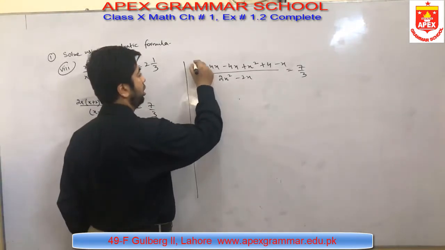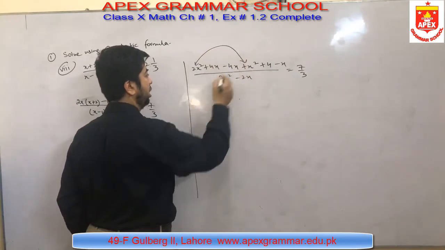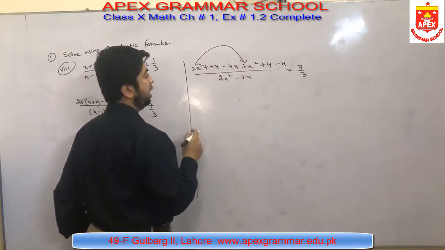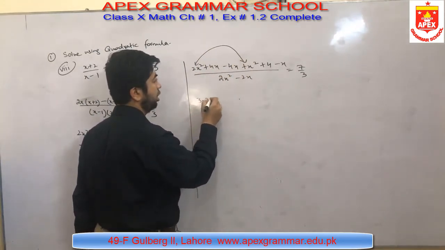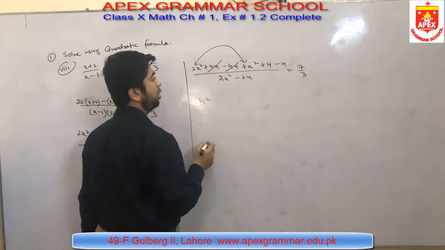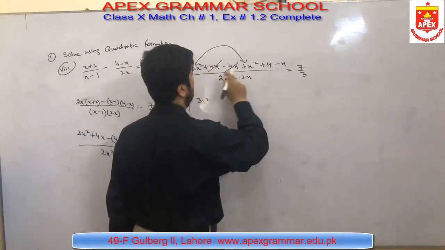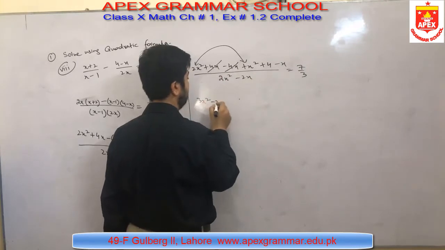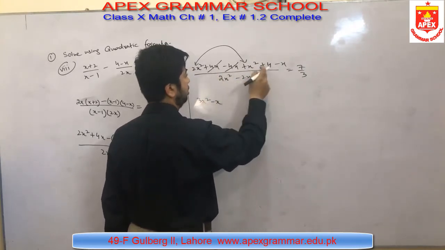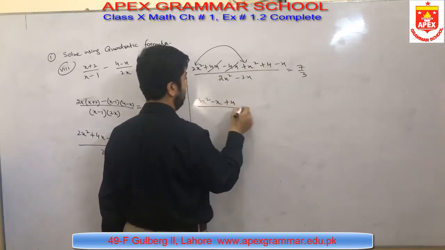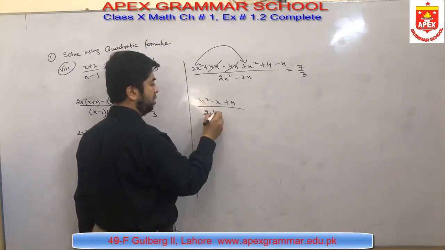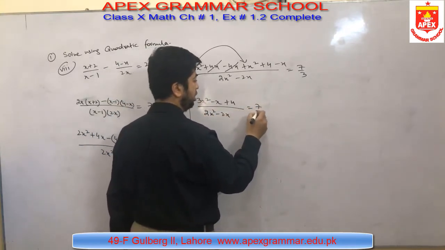Now 2x square and this x square, after adding, this becomes 3x square. 4x is cancelled with minus 4x, and after that there is another x, this is minus x, and after that this is plus 4, and in the denominator 2x square minus 2x is equal to 7 divided by 3.